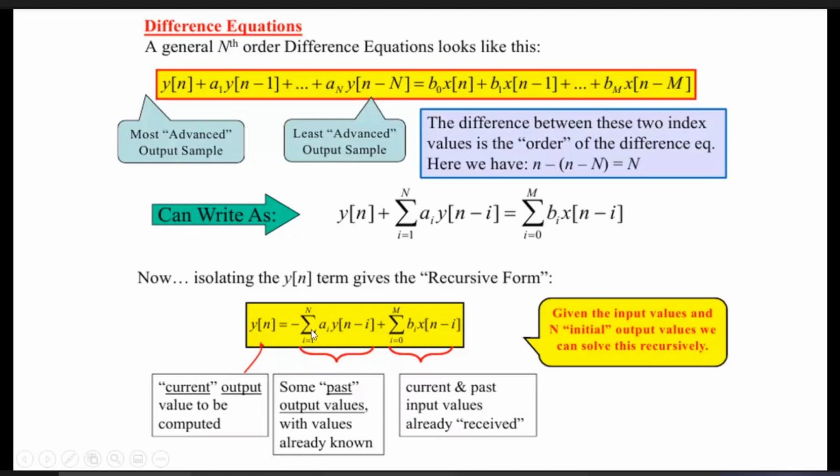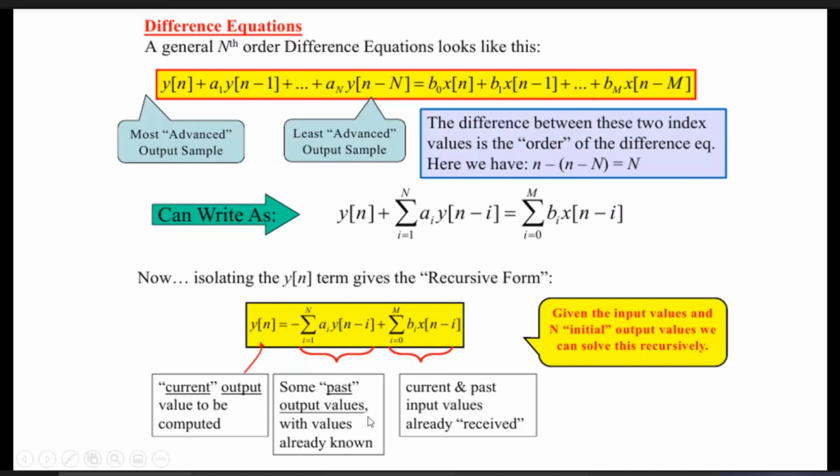Now in this equation, if you take the delayed outputs to the right hand side, you will get y[n] equal to minus the summation of ai y[n-i] plus the sum of i equal to 0 to M of bi x[n-i]. This is also called the property of recursion, that is, recursive.